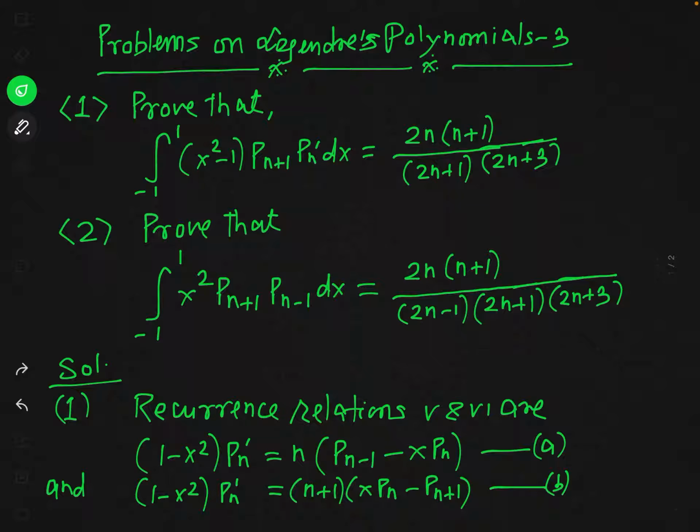integral from minus 1 to plus 1 of (x square minus 1) Pn plus 1 times Pn dashed dx, and that is equal to 2n into (n plus 1) over (2n plus 1) into (2n plus 3). So let us see how we will solve this integral by the use of the orthogonality property of Legendre's polynomials.